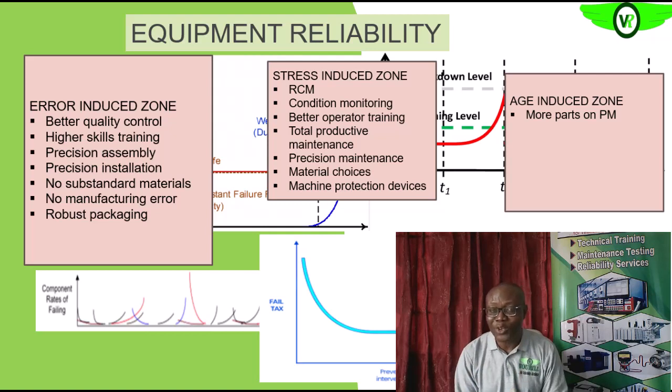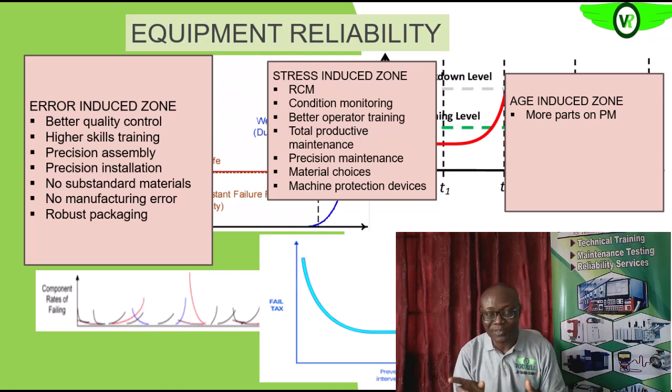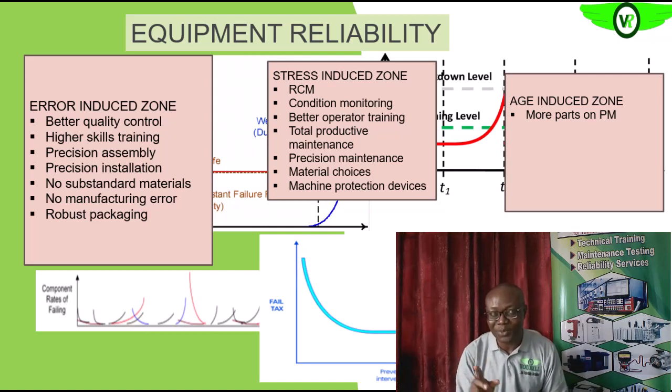Remember, one of the KPIs that we look at is the cost of maintenance to the equipment replacement value. Remember, we said if it is more than 1.2% or 1.5%, then we should be looking at replacing that equipment.